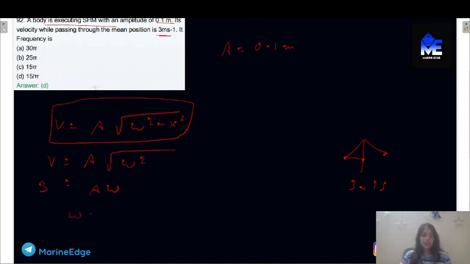If we put that, we'll get the value of omega as 30 radian per second. Now, what else is it asking? Frequency. You know that omega is equal to 2 pi f. So the value of f is 30 upon 2 pi, that is 15 upon pi. So the answer is D.